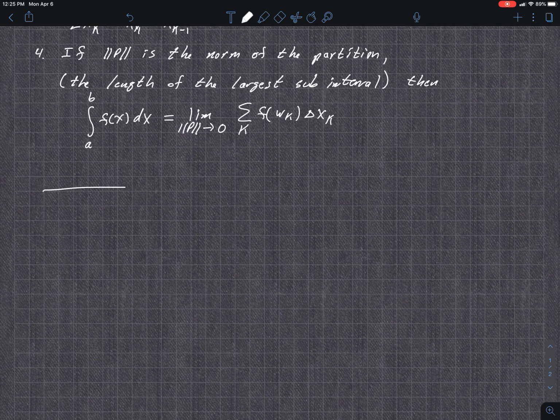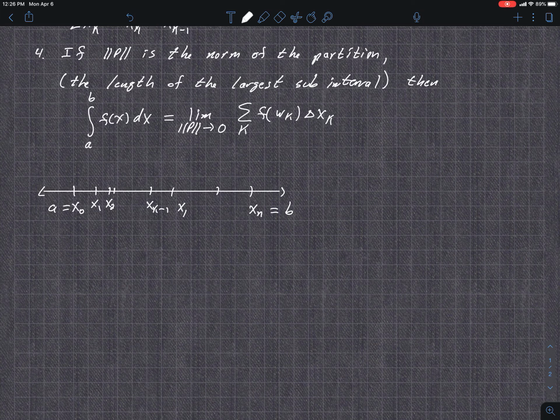And let's do some depiction of that. You'd have your interval, so this would be like the real axis. We may have the partition in here, so this would be x naught, which is your a, and then all the way to x sub n, which is your b, and everything else is not necessarily uniform.